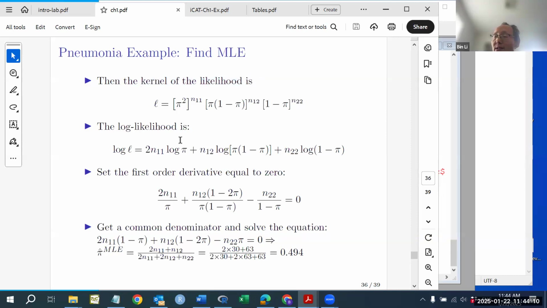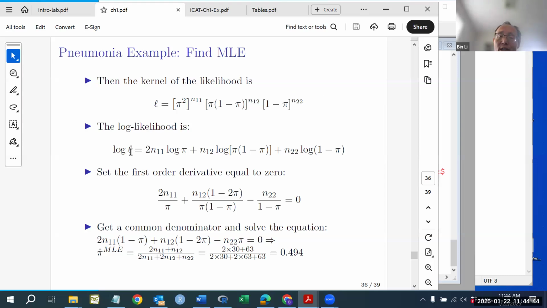The kernel means the core part. So it's pi squared, category 1, both infections, to the power of n11, times pi times 1 minus pi, only the first infection and not the second, to the power of n12, times 1 minus pi, no infection at all, to the power of n22.